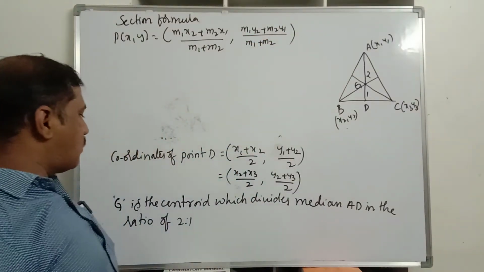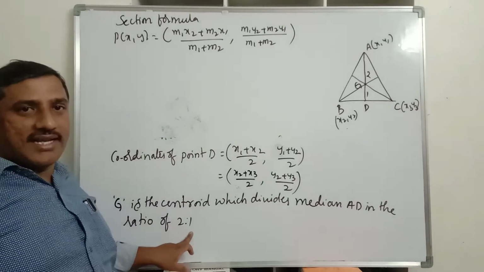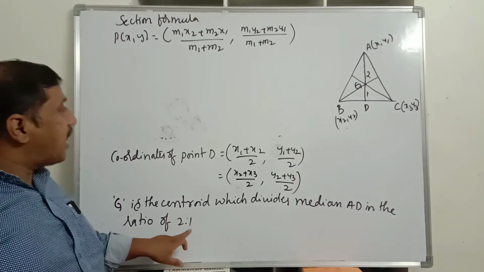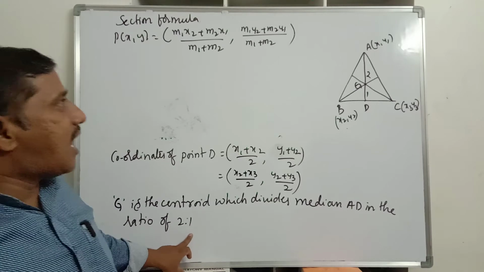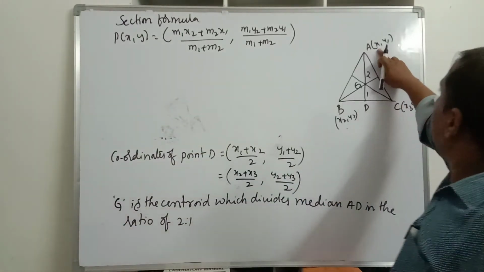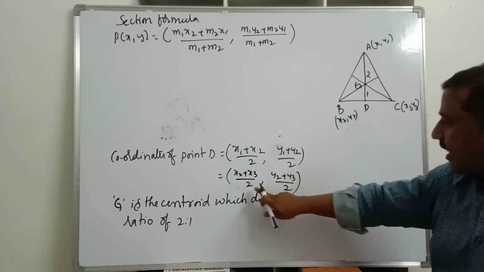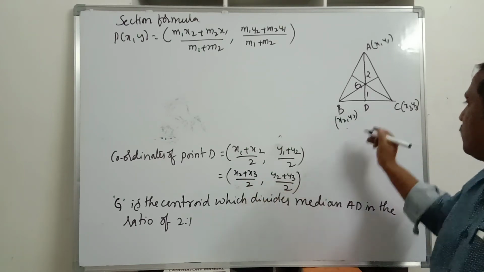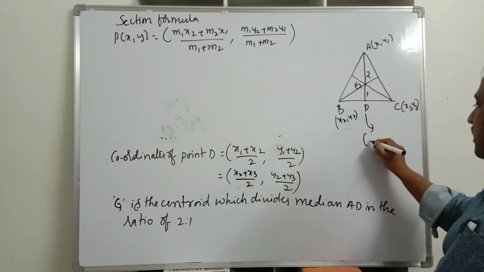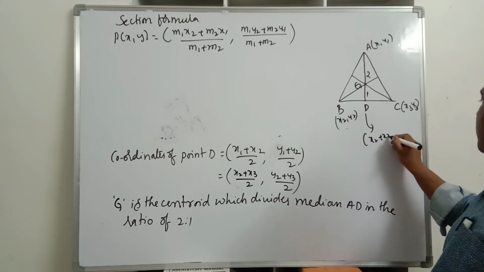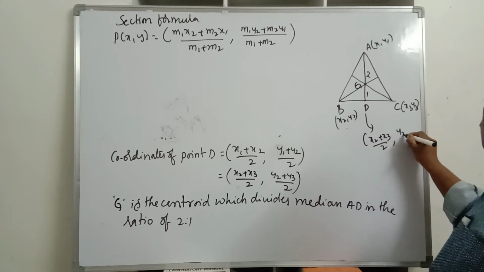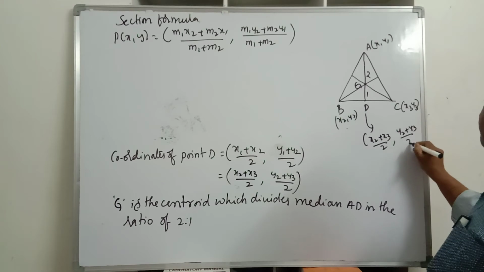Here m1 to m2 is 2:1, that is m1 is 2, m2 is 1. The first point is A, the second point is D. The coordinates of D I am writing as x2 plus x3 by 2 comma y2 plus y3 by 2.